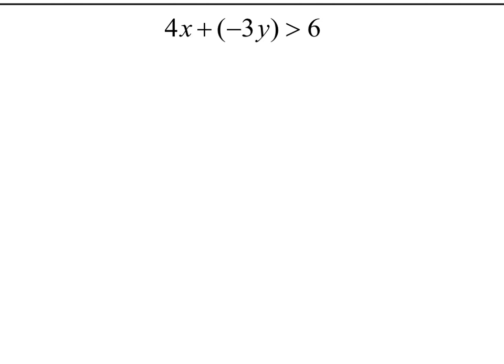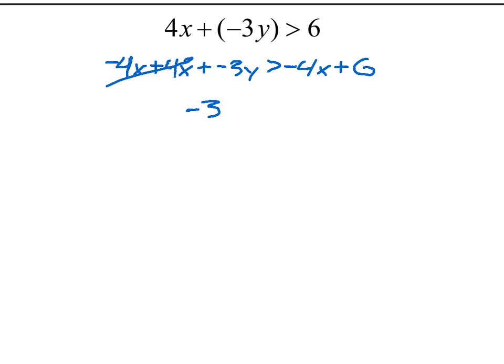We always start with additive inverses. So we need to move something away from the y. We're going to add a negative 4x to both sides. That leaves me with negative 3y is greater than negative 4x plus 6.